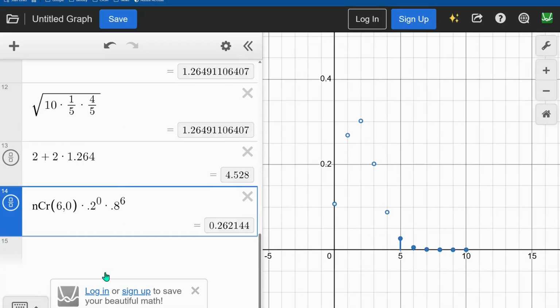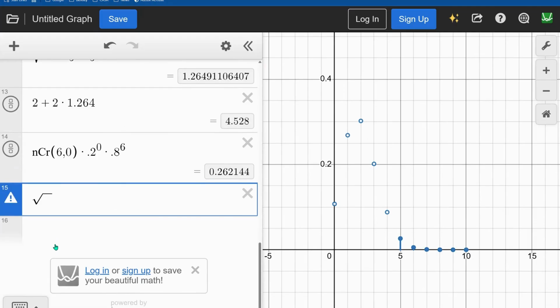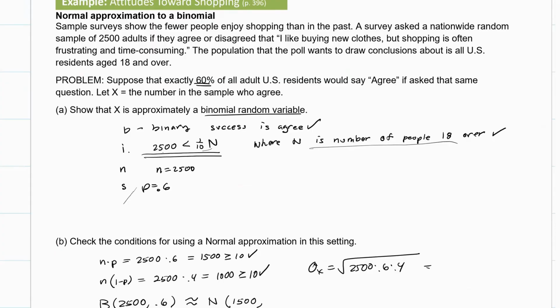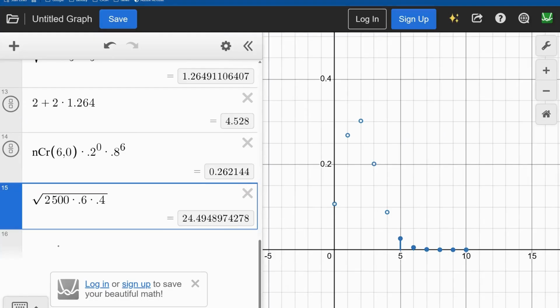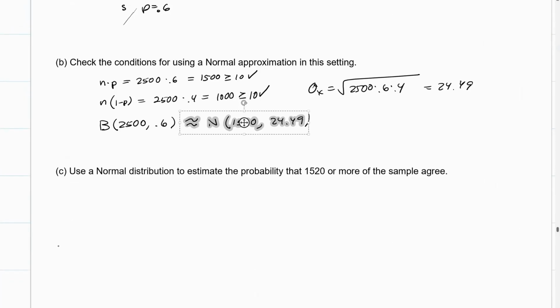One more time for Desmos, the square root of 2,500 times 0.6 times 0.4, 24.49. Okay, so we think that this is a good representation.